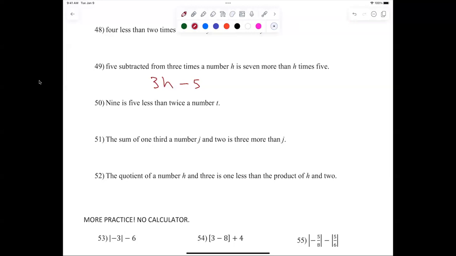Oh, okay. There's a typo here. 5 subtracted from 3 times the number. No, there's not. I just misread. Is means what? Equals 7 more than 5h. There you have it. All right.